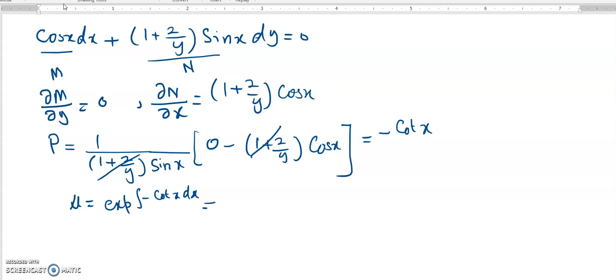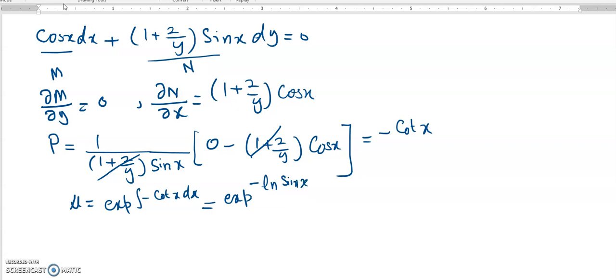For minus cotangent x, which is cosine x over sine x, the derivative of the denominator is in the numerator, so its integral will be log of sine x. So it will be exponent of minus log of sine x.